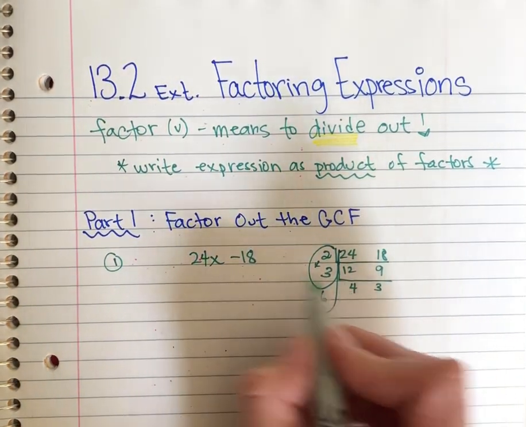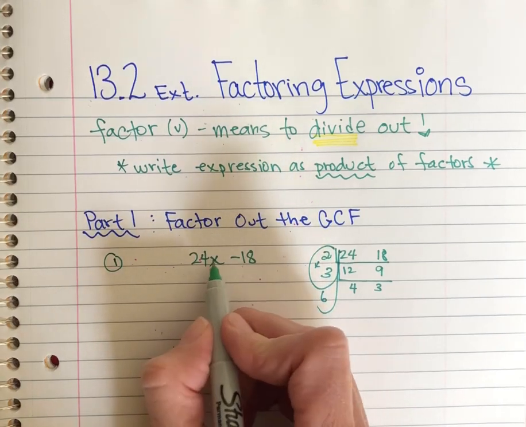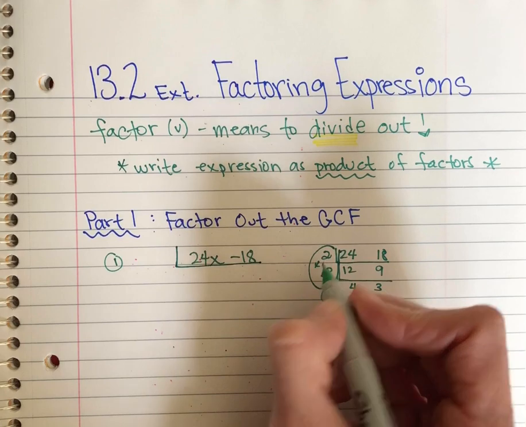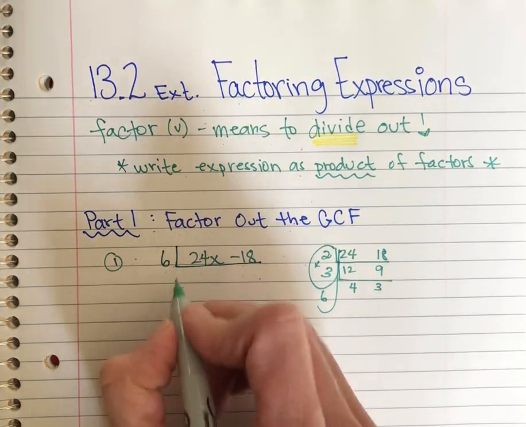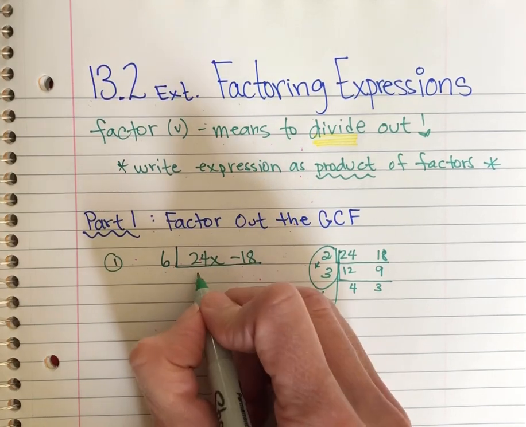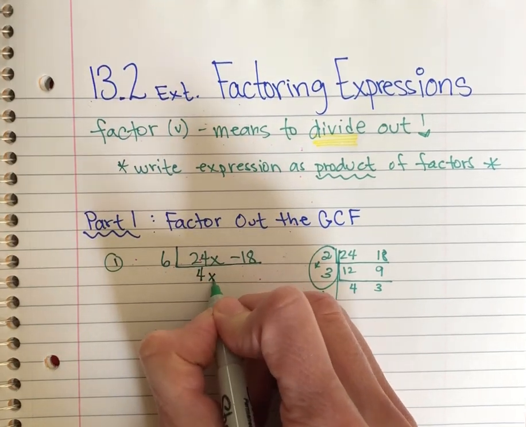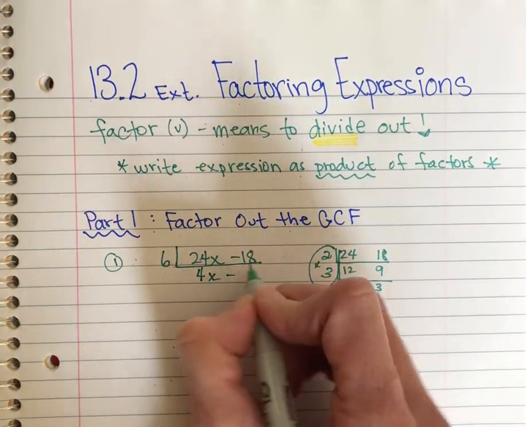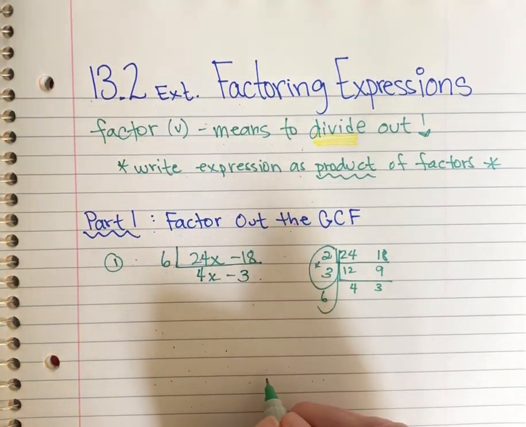So that means that we're gonna factor out a 6 from 24x and 18. So it would look like this. Again, factor means to divide. 24 divided by 6 is 4. Drop down the x, drop down your subtraction. 18 divided by 6 is 3.